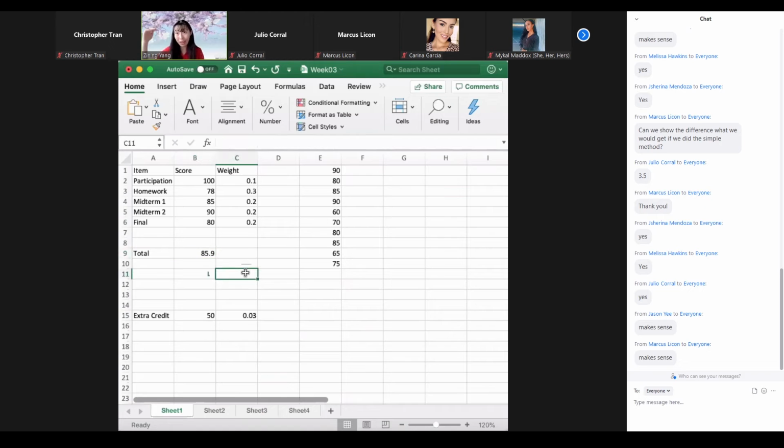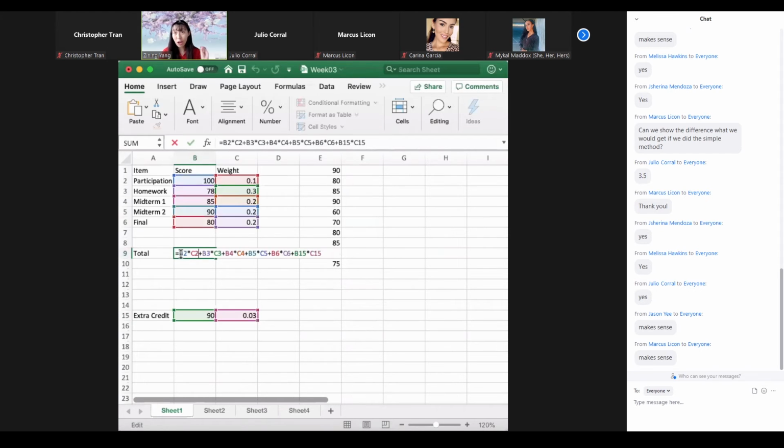You are at the higher end of a B. And then again, if you do better, you raise to B plus. So does that make sense? Like how extra credit affects your final score and how everything is compiled together?